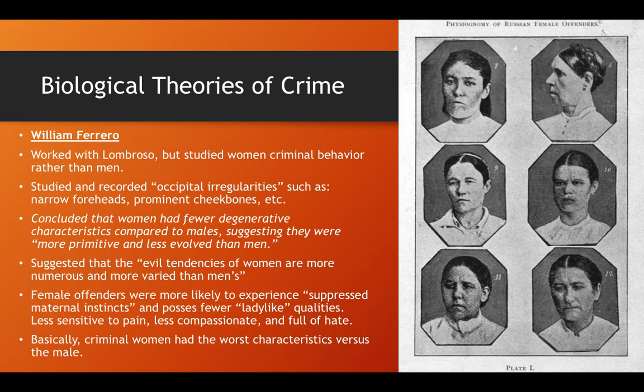He also suggested that female offenders were more likely to experience suppressed maternal instincts and possess fewer ladylike qualities, and they were less sensitive to pain, less compassionate, and full of hate. Basically, criminal women had the worst characteristics versus the males.